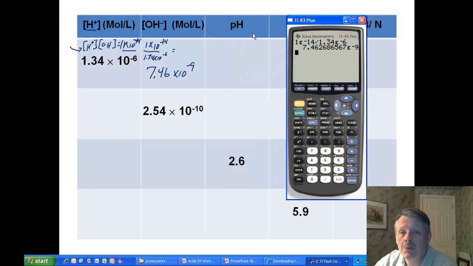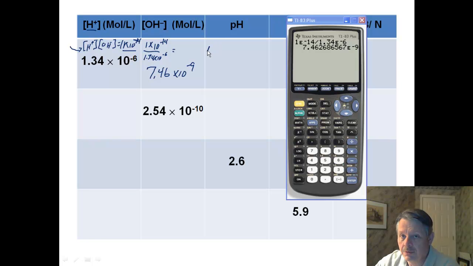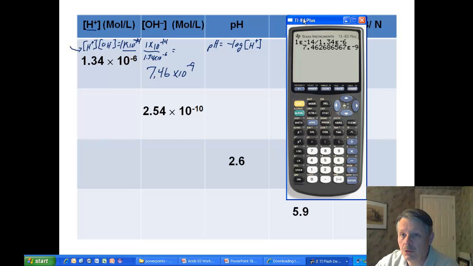Now, how do we get pH? Well, our equation for pH is that the pH is equal to the negative log of our H concentration. How in the world do we do that on a calculator? Well, we have to do the negative. Notice that's your negative sign. So we do the negative, and we do the log. So we look around here for log, and you'll notice there's log.